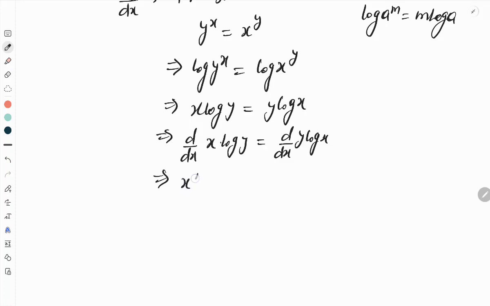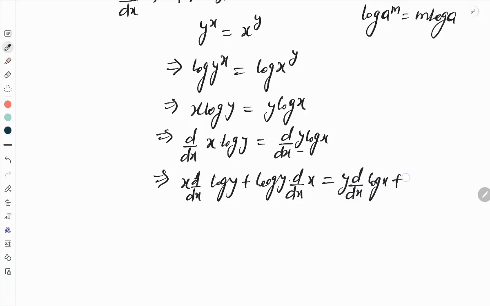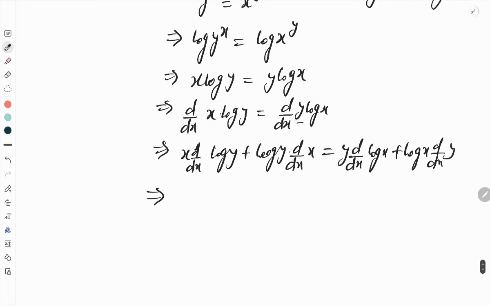So x outside, derivative of log y, plus second function outside, log y into derivative of first function x, is equal to, similarly here, first function y outside, derivative of log x, plus log x, second function outside, derivative of first function, dy/dx of y. dy/dx of y means dy by dx, which is what we actually want.